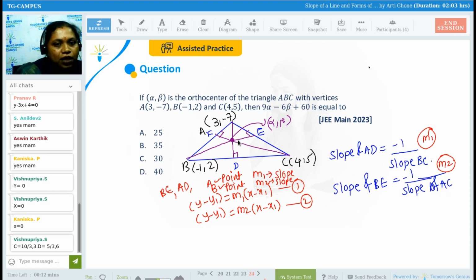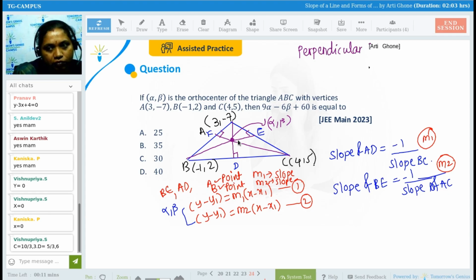Got it or not? And then put the values in 9 alpha minus 6 beta plus 60 and you will get your answer. Clear, is the process clear? The condition useful over here is the perpendicular slopes.